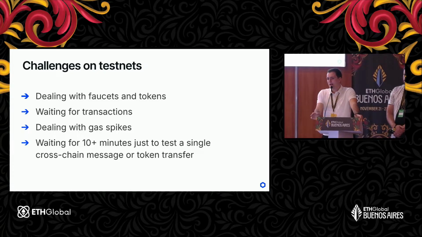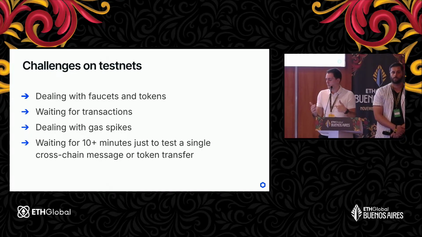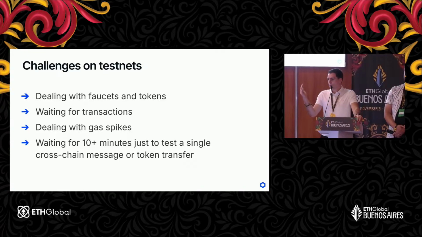Why? Because here you have, I don't know, 20, 30 hours maybe to build a project, and you know, with challenges of testnets, latency, maybe Wi-Fi is slow, you need to get testnet funds from different faucets, etc. Maybe there was a gas spike on Sepolia because all of you are deploying something.